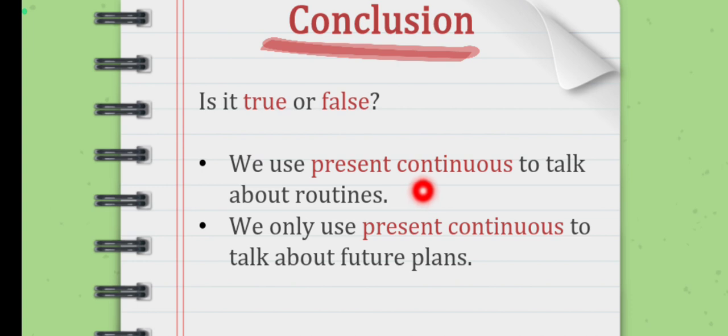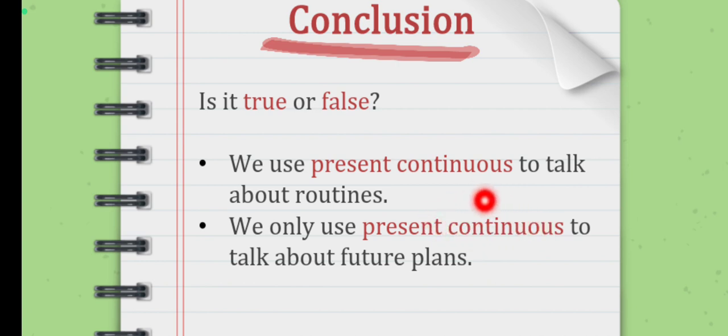Why? Because we usually use present continuous to show a temporary situation that is still going on in the present. Okay, because routines are like habits. So with habits, we use present simple.